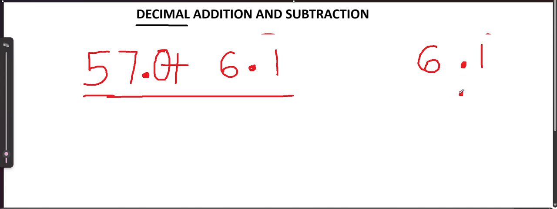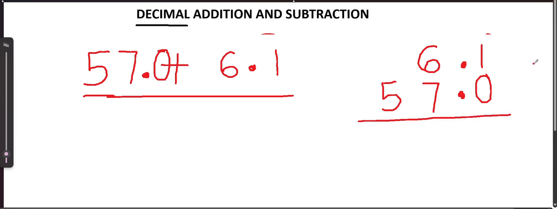So let's put the decimal underneath the decimal. Put the 0 over here and put the 57. You can also place the 57 at the top, but just because it is addition, you can place it at any point you like. So I'm going to add this up. So that would be 1, a 3, and a 6.